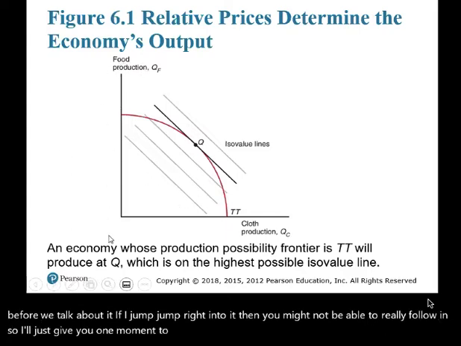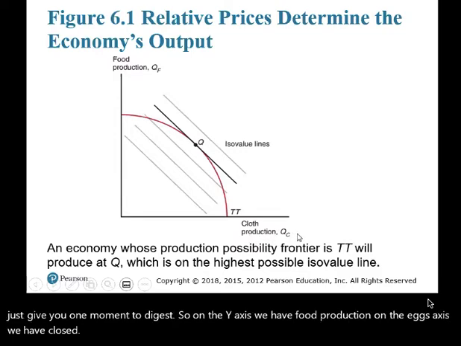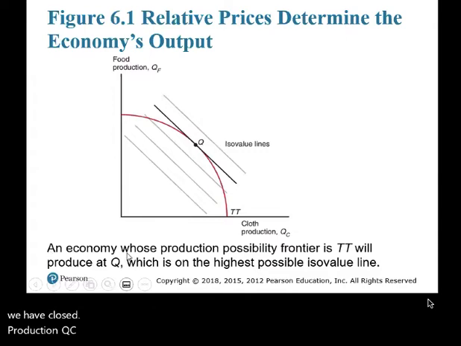On the y-axis, we have food production. On the x-axis, we have clothes production, QC. The economy's production possibility frontier is PT, which is the red curve.